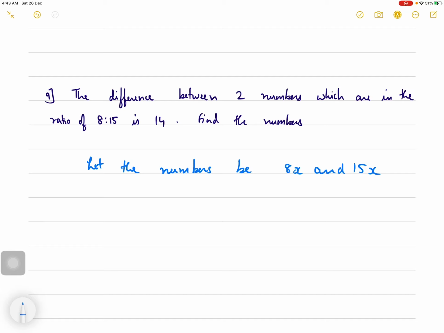Okay, so the difference is 14. That means 15x minus 8x is equal to 14. So 15 minus 8 is 7. So 7x is equal to 14. So x is equal to 14 by 7, which is 2.